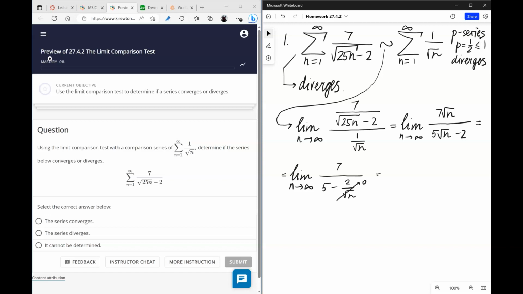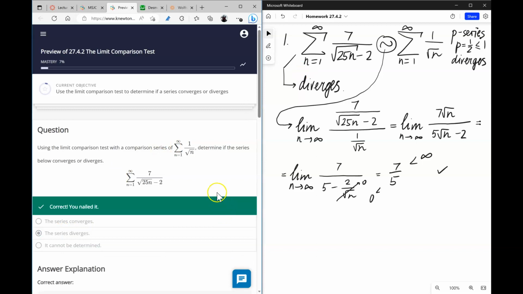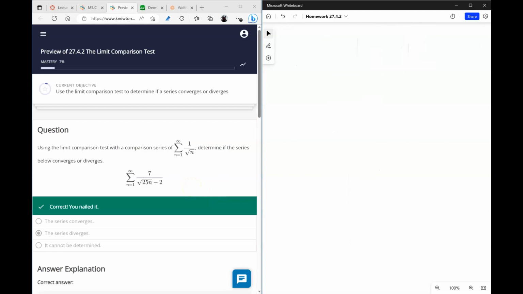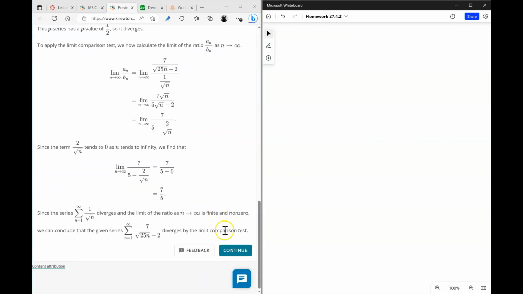And this goes to 0, so the whole thing is approaching 7/5, which is less than infinity and greater than 0, and this will allow us to conclude that these two series behave the same way. And since one of them is a diverging P series, that implies that the original series also diverges. So this type of reasoning is called the limit comparison test. Let's go to the next problem.